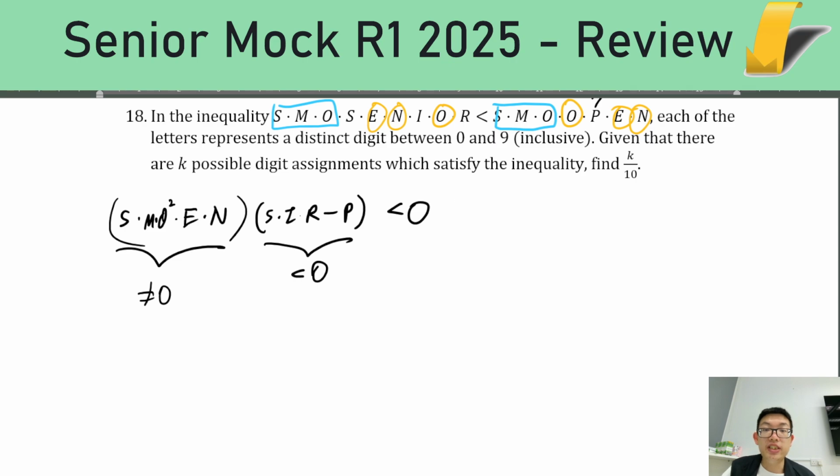Now, first of all, I'm going to deal with the 0 issue, right? Let's say S, M, O, E, and N are not 0. If P is 0, then of course this would already be positive. So it's just I or R that could be 0. If I or R is 0, you are already done, right? Because there are another 7 letters, and they can be anything from 1 to 9, and it's also true.